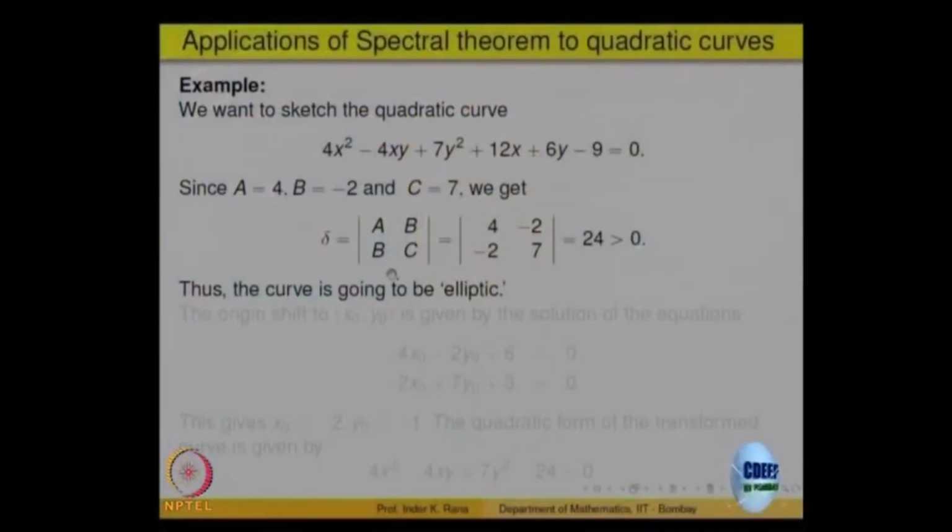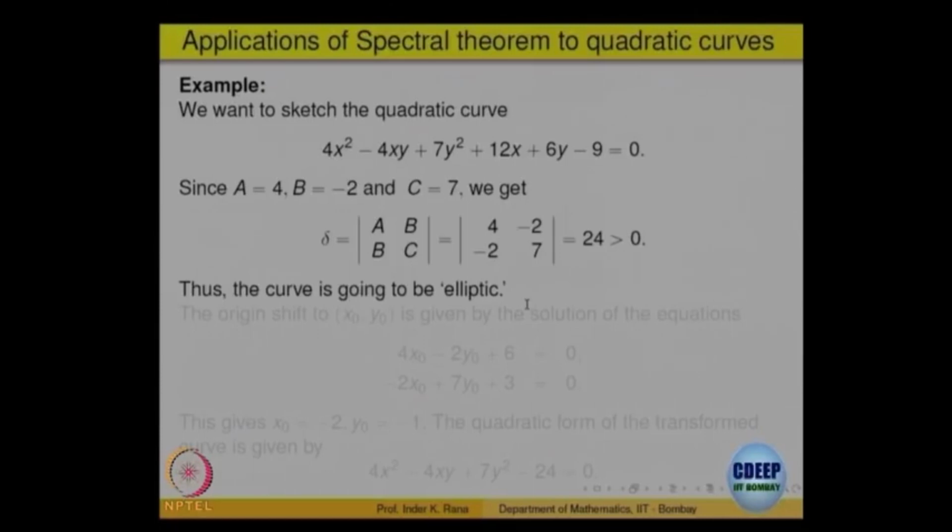For delta, because A, B, C are not going to change when you shift, they stay as they are. So, you can find delta in the beginning itself is bigger than 0. It is going to be some kind of an ellipse, by looking at A, B and C, and looking at delta which is the determinant of A, B, B, C. You can see that this is going to look like an ellipse.